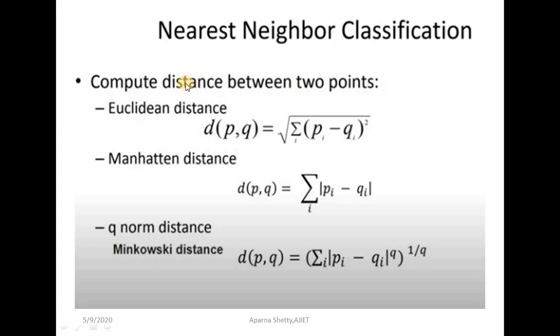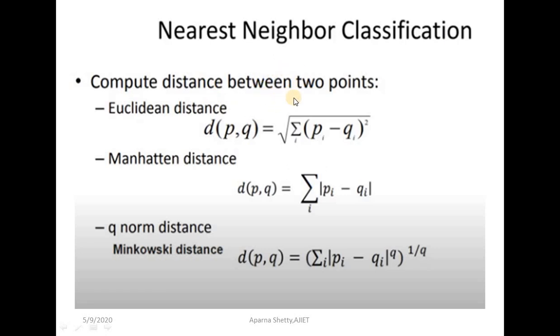Next we will see how to compute the distance between two points. The similarity measure in the nearest neighbor classifier is the distance between the test data and the training records.